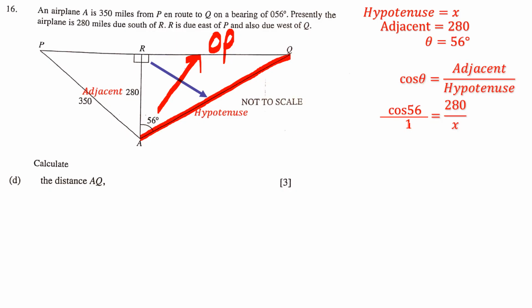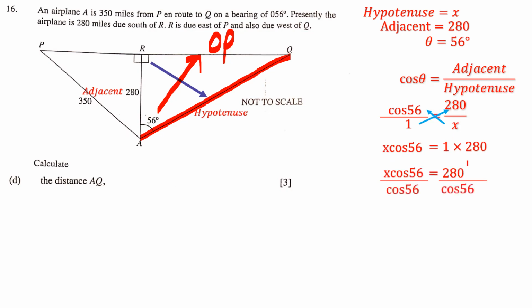I put it over 1 because I'm preparing to cross multiply. So we multiply X times cosine of 56, and 1 times 280. And so X times cosine of 56 is going to be equal to 1 times 280.